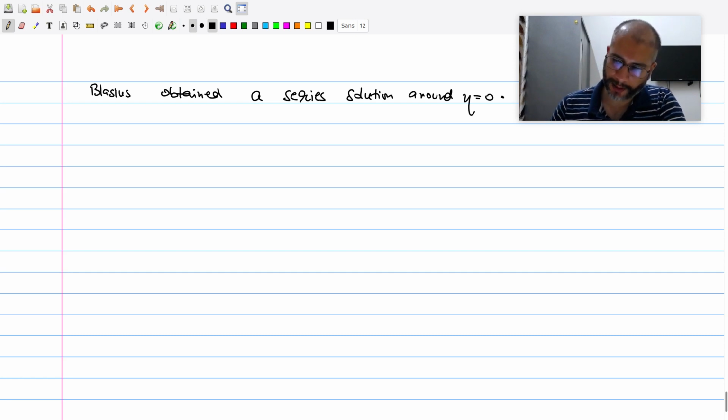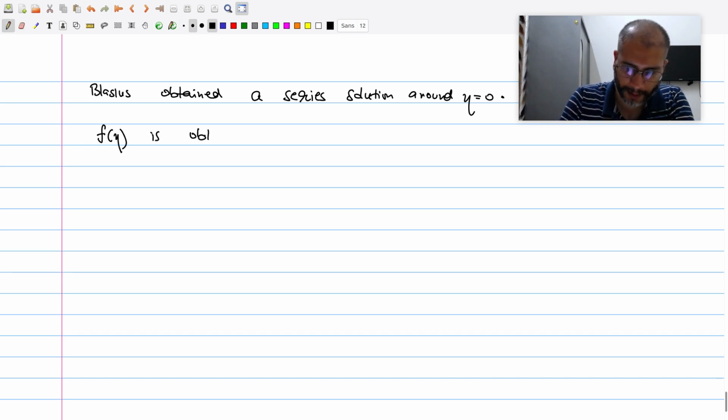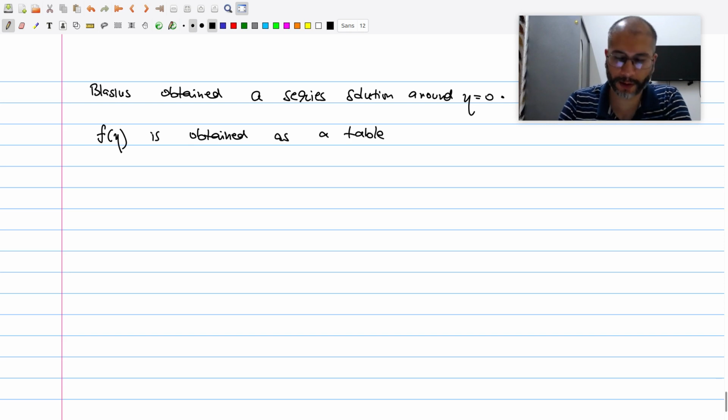And when we do that, remember what we have solved for is f. So f, which is a function of eta, is obtained as a table. So for different values of eta, we'll have different values of the function f. In fact, since we don't really need f, we actually need f prime.